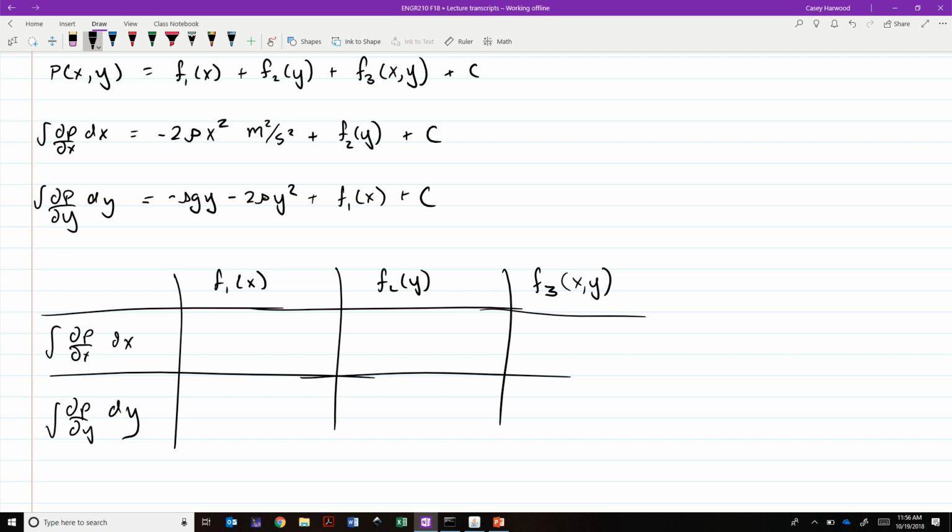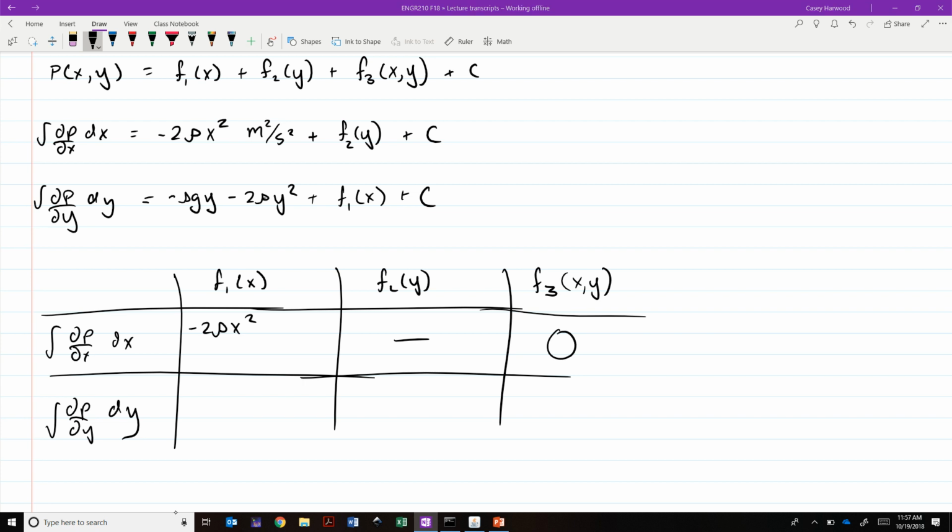So we've got -2 rho x squared. So that's a function of x only. We didn't get any component that has a function of x and y. So we'd put a 0 here, because if there was an x in there, it would have had to come out of that integral. And we have an unknown function of y, because the integral on x isn't going to reveal that.